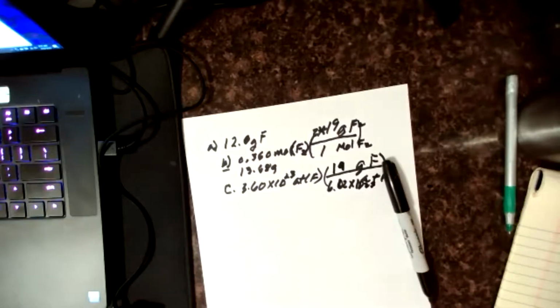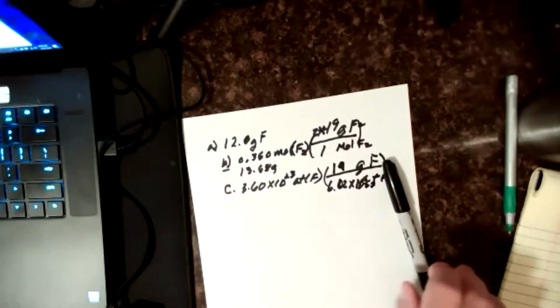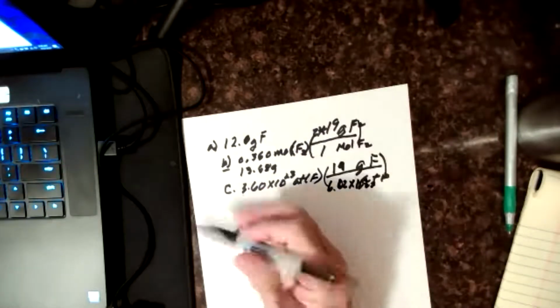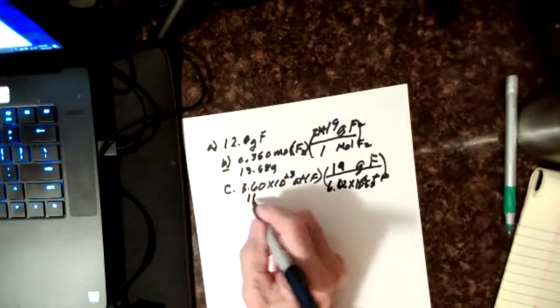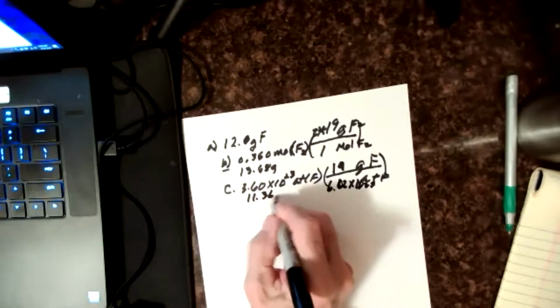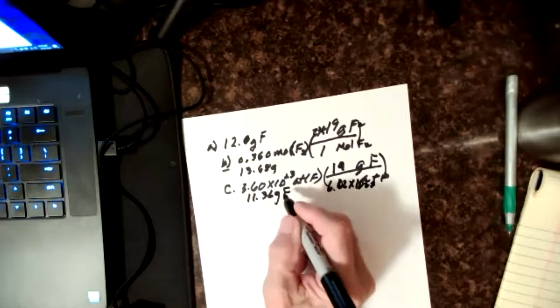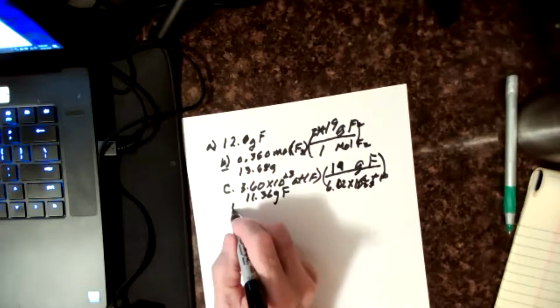So I want 3.6 times 10 to the 23rd, divided by 6.02 times 10 to the 23rd, and multiplied by 19. That gives me 11.36 grams of fluorine, and still B is winning.